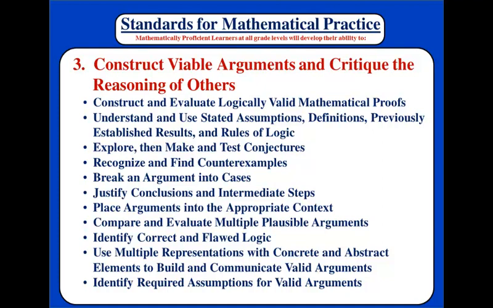So what was it that made our argument work and reach our conclusion? We know we have to have those assumptions before we can reach the conclusion. If you change the assumptions, perhaps the conclusion is different. So we need to be able to construct arguments that are logical and critique the reasoning of others.